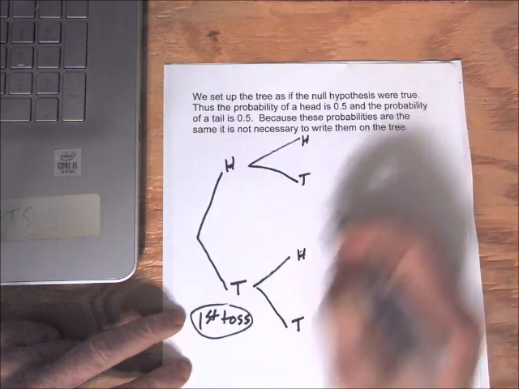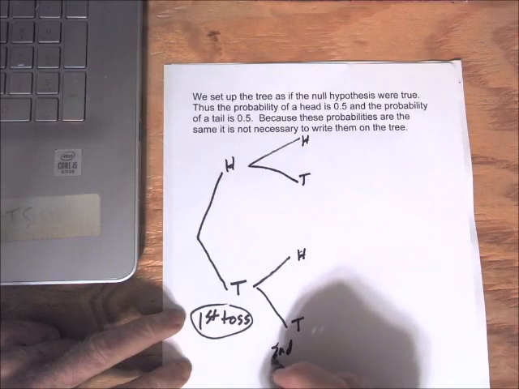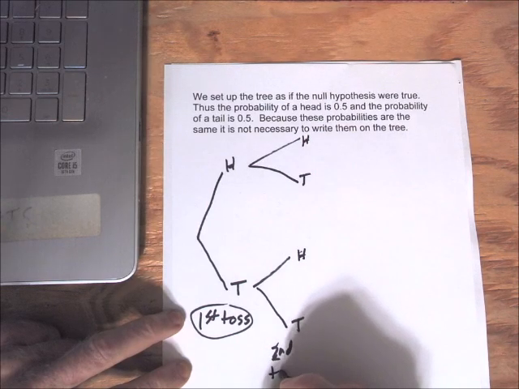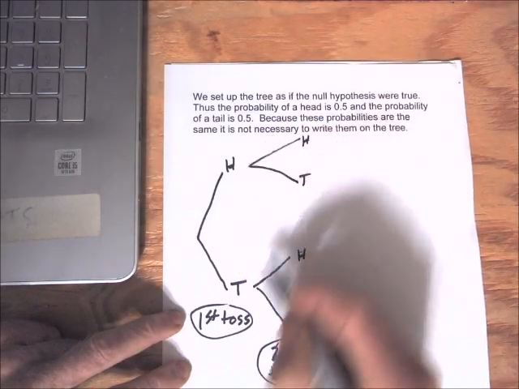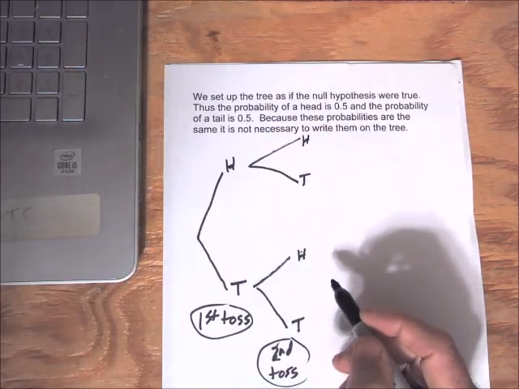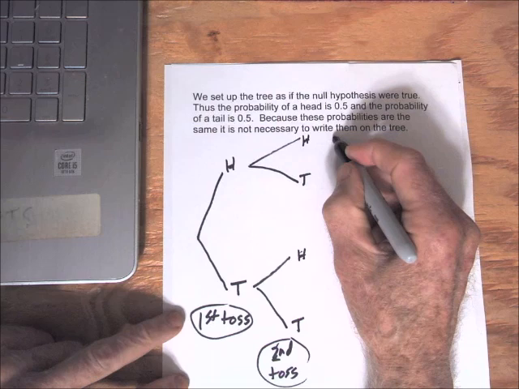And so we have 4 possibilities. We can have head, head; head, tail; tail, head; tail, tail. Third toss is also either heads or tails.